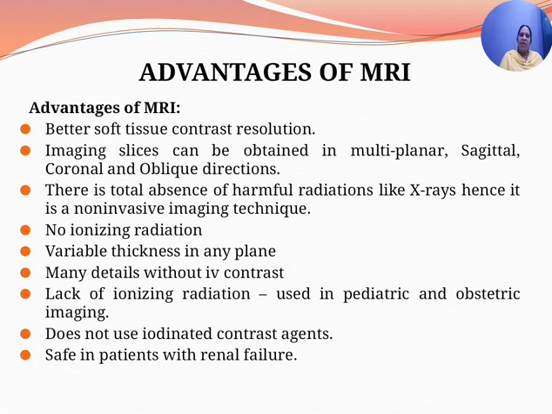Variable thicknesses in any plane can be obtained, and many details without IV contrast. The lack of ionizing radiation is used in pediatric and obstetric imaging, and it does not use iodinated contrast agents, and it is safe in patients with renal failure.